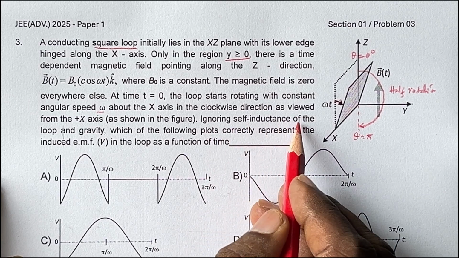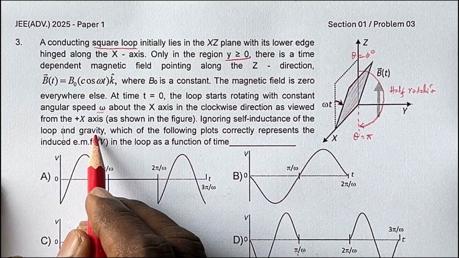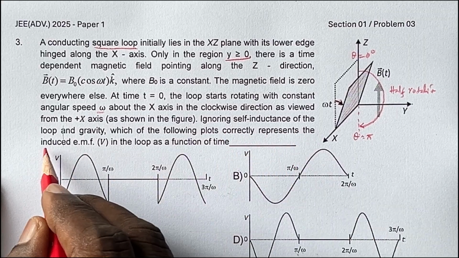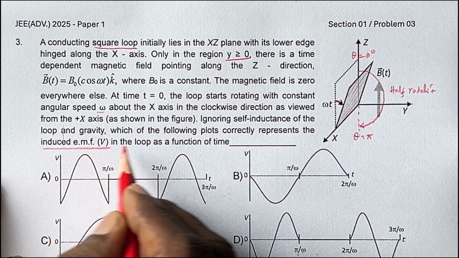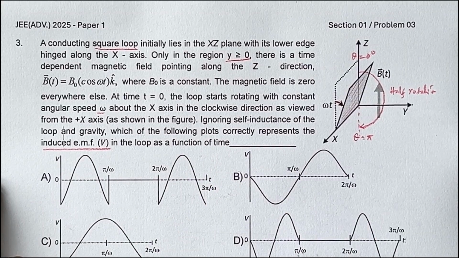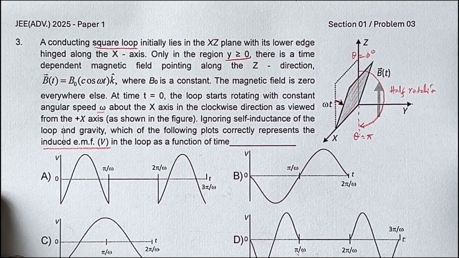Ignoring the self-inductance of the loop and gravity, which of the following plots correctly represents the induced EMF in the loop as a function of time? So which graph is correct? We have to find it out.